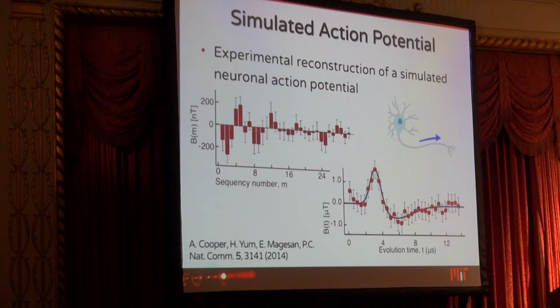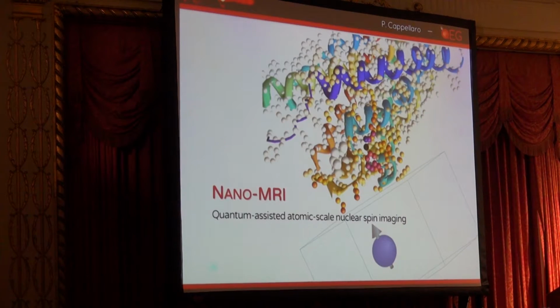The second type of application which I want to discuss today is instead in trying to do NMR spectroscopy, but now down at the atomic level, and so using the NV center again to detect the structure of molecules or proteins.